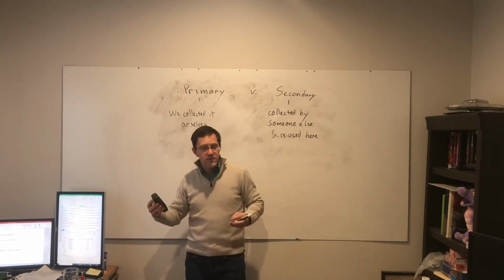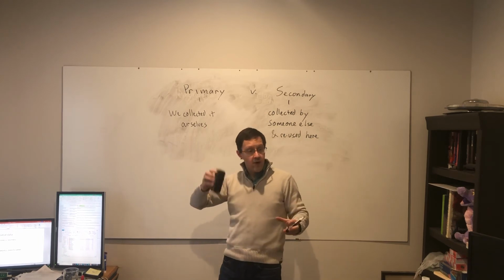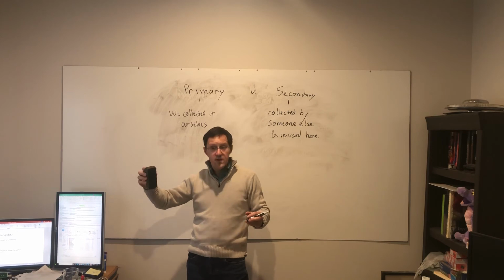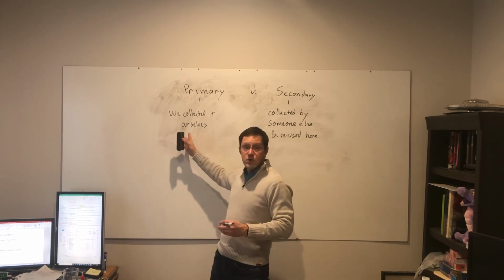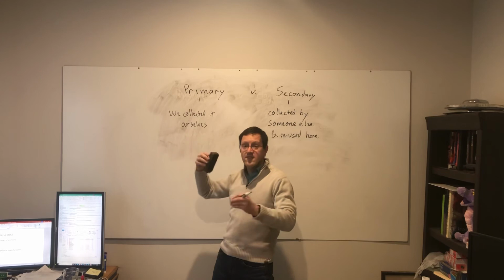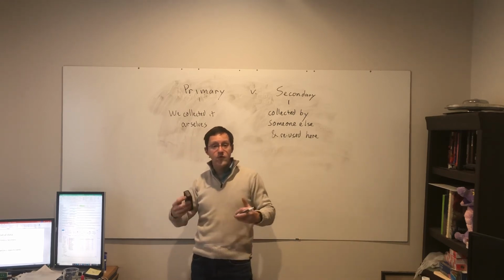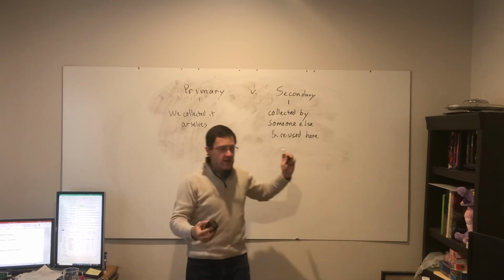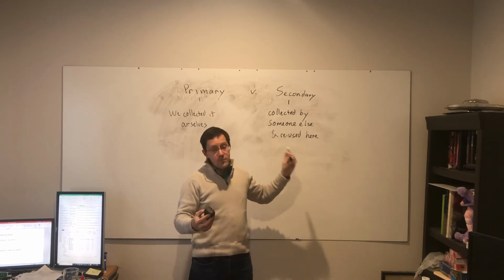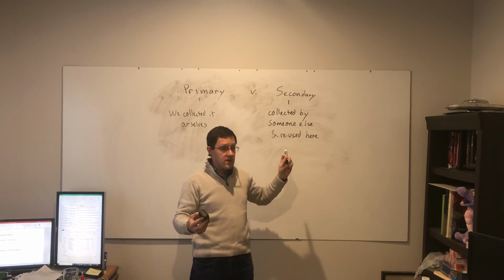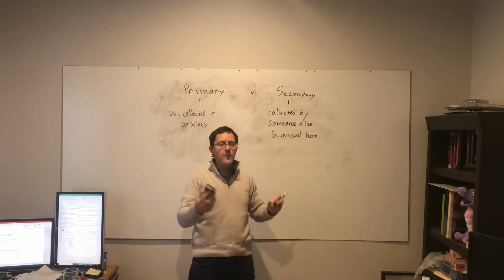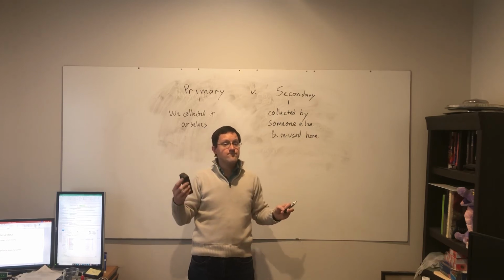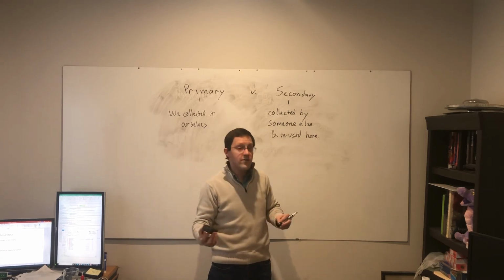In many cases, when we go back and think about the data collection stage, if it's primary data, you know you are getting exactly the data you need to solve your problem, to answer your overarching question. With secondary data, it may be good, it may be close, but it may not be the absolute best data available, but it's still preferable to going out and doing a full data collection yourself.